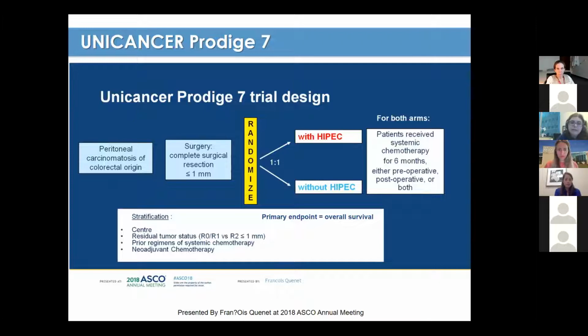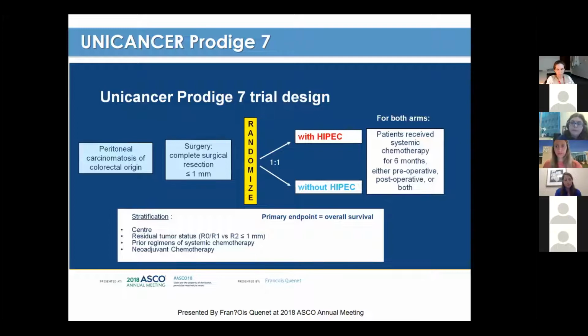Patients that had peritoneal carcinomatosis of colorectal origin and had a complete resection were randomized to HIPEC or no HIPEC, just having the cytoreduction. And then they would follow with chemotherapy for 6 months pre and post.